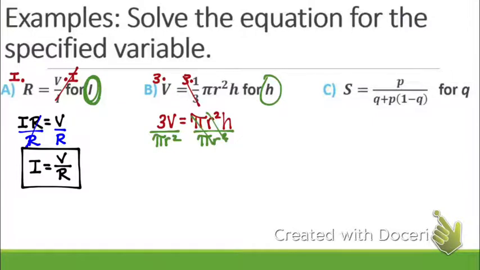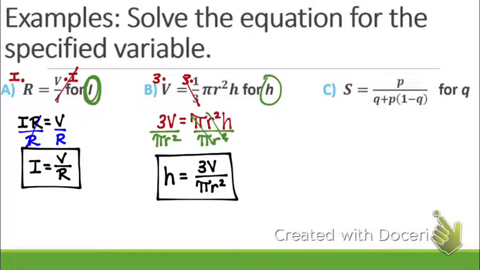And so I end up with H, where the height of our cone is equal to 3 times the volume divided by pi r squared. I love it when you guys recognize what these particular formulas are for.